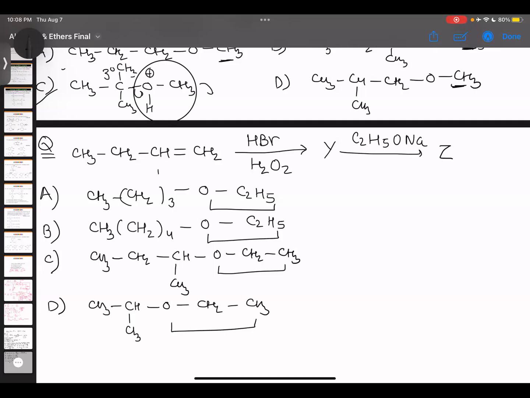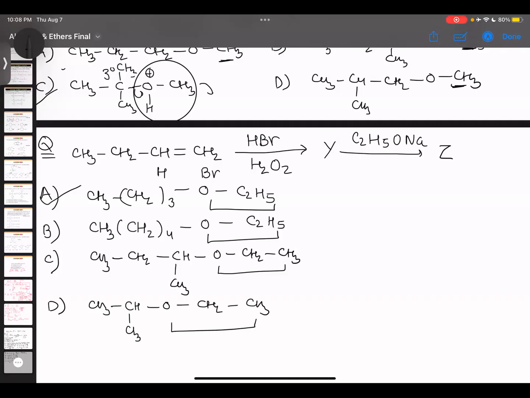Anti-Markovnikov addition means H will not attach to the carbon atom bearing more hydrogens. Instead, it will get attached in a reverse manner. It will get attached to the carbon atom bearing less hydrogen, and Br will attach to the carbon atom bearing more. Yes, option A, exactly.